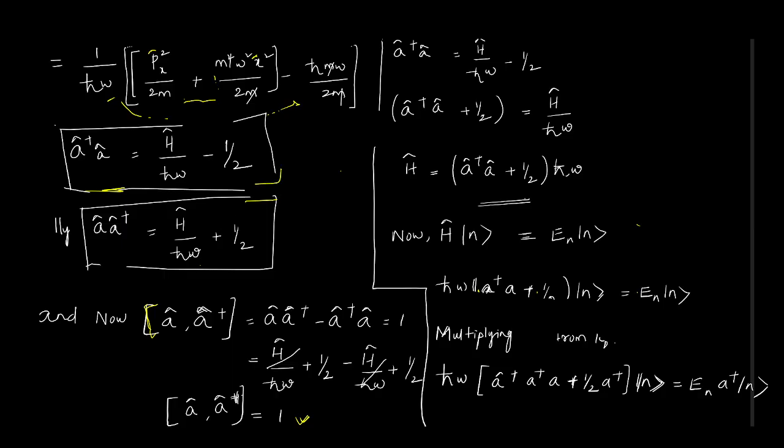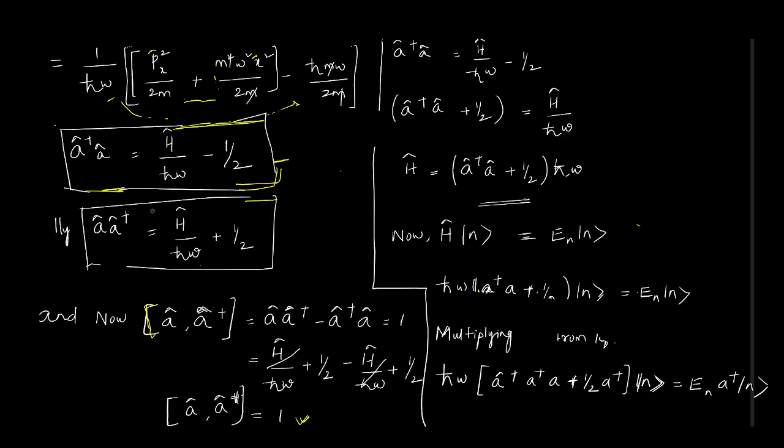So from these two equations, or from the first equation, we can find h cap, that is the Hamiltonian in terms of a dagger a. If you take half to the other side, you will get a dagger a plus half, and h cross omega to the other side, you will get h cap is equal to h cross omega into a dagger a plus half.